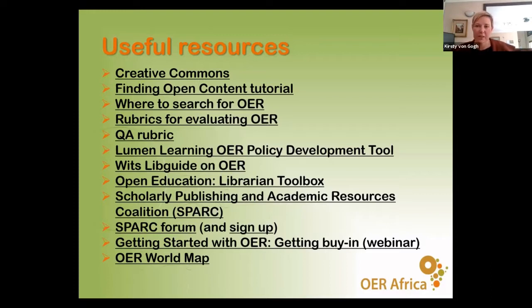SPARC is actually the listserv that I mentioned. It's the Scholarly Publishing and Academic Resources Coalition, and you can join their mailing list and interact with the rest of the community. There's their forum and sign up, and that's their website with resources for librarians.